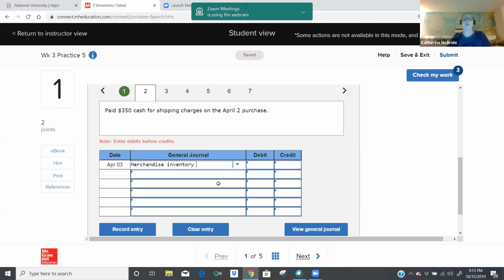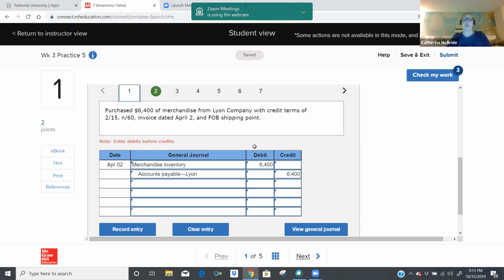So I'm going to increase merchandise inventory, and I paid cash for it, so I'll decrease cash, $350. All right, are we good here? So now on our balance sheet, I have merchandise inventory of $6,400 plus another $350.